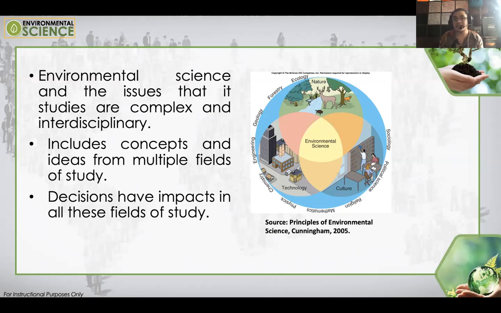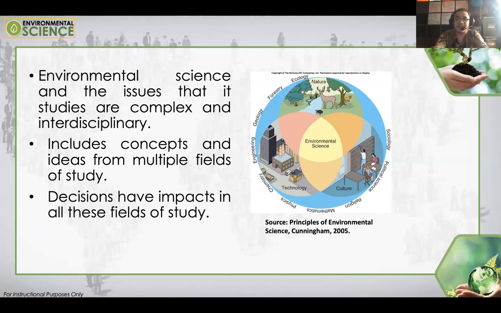Nandyan yung nature, technology, and culture. So there are different cultures and different environment and different technology, and always make sure that environmental science is at the middle, kasi it covers everything in it, from ecology, forestry, geology, engineering, chemistry, physics, mathematics, religion, political science, sociology, and even many more.